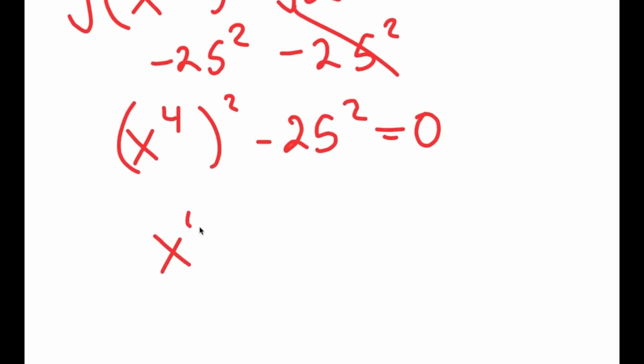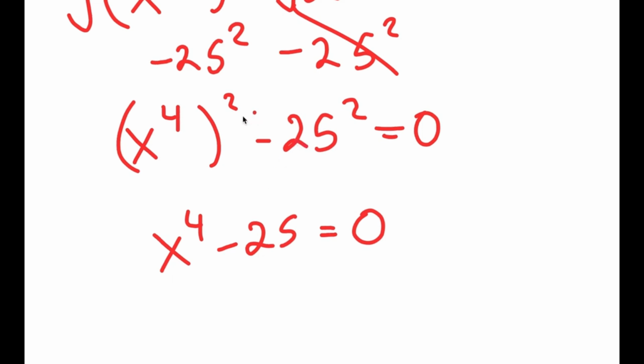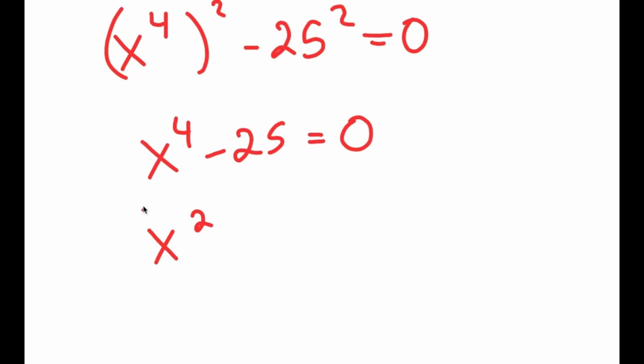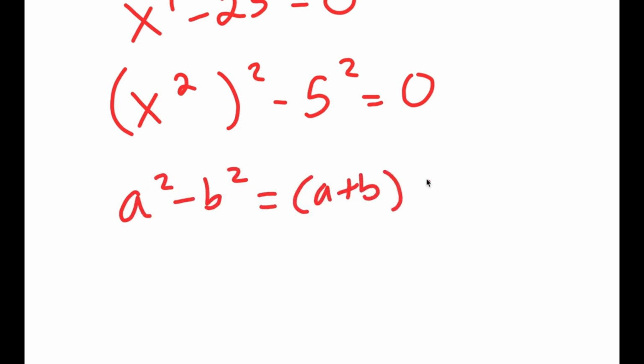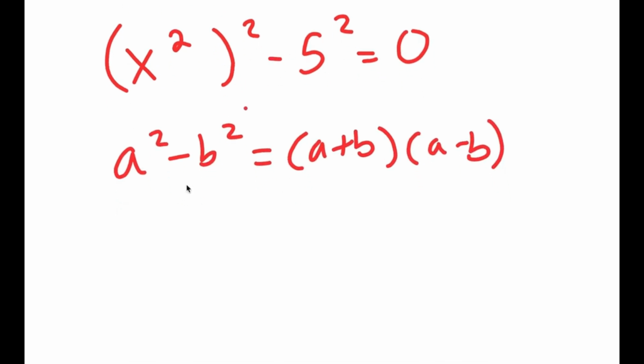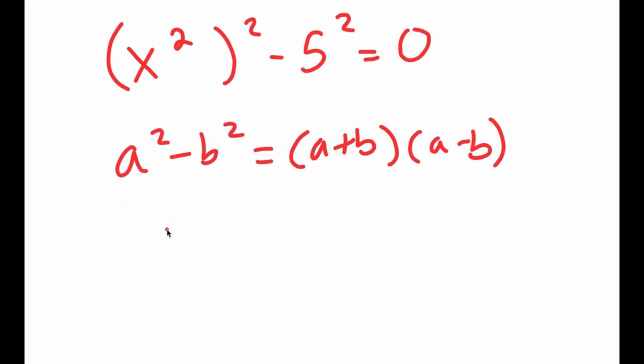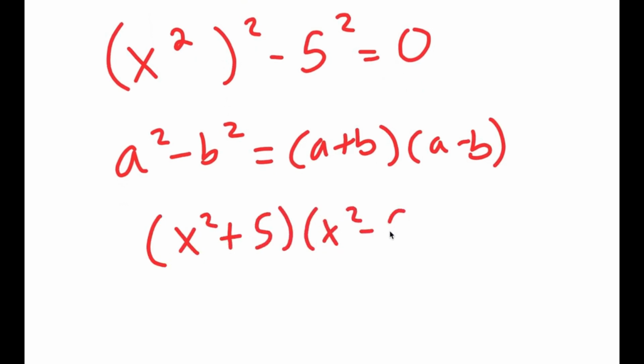So I get x to the power of 4 minus 25 is equal to 0. Now from here, I'm going to write this as x squared to the power of 2 minus 5 squared is equal to 0. So now I can use the formula a squared minus b squared is equal to a plus b times a minus b on this. So this turns into x squared plus 5 times x squared minus 5 is equal to 0.